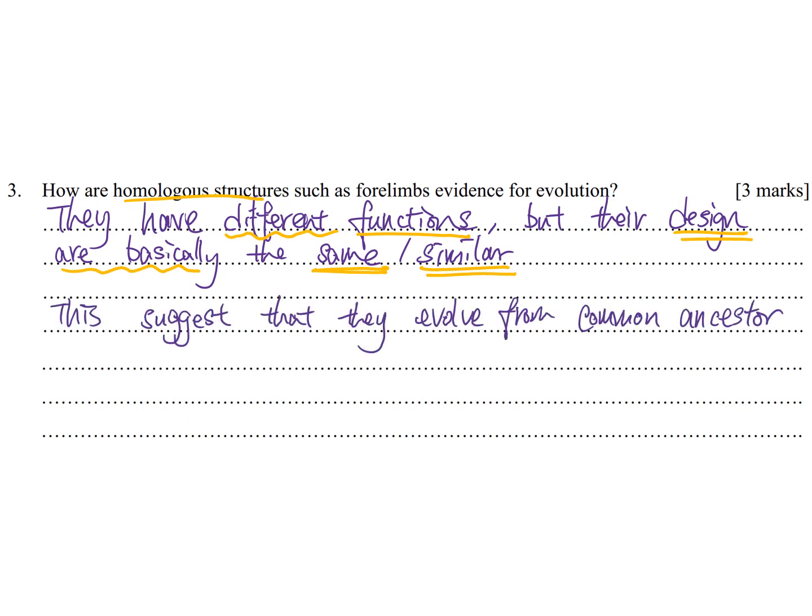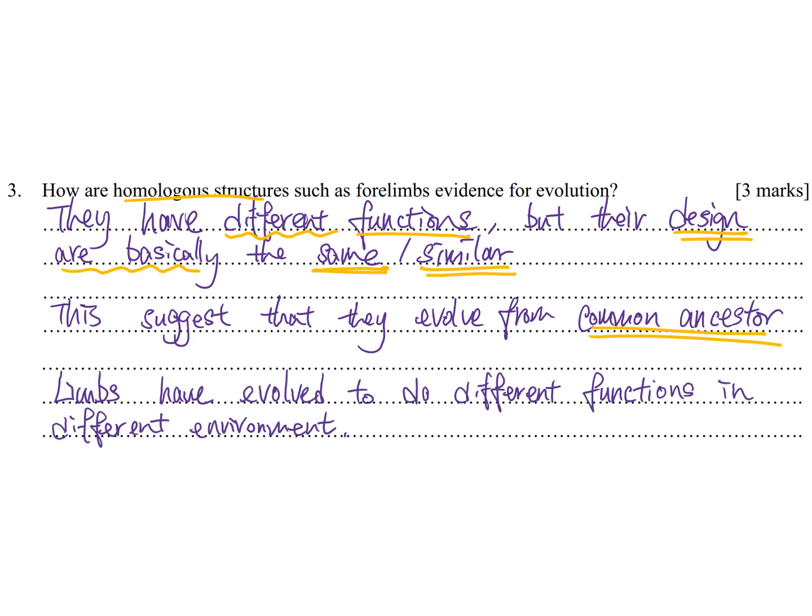And this suggests that since there is a high similarity in the design, they must have evolved from a common ancestor. And the limbs evolved and changed to do different functions. Why? Because they need to adapt to different environments.